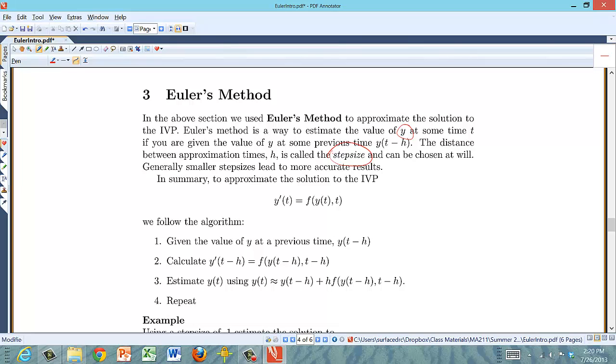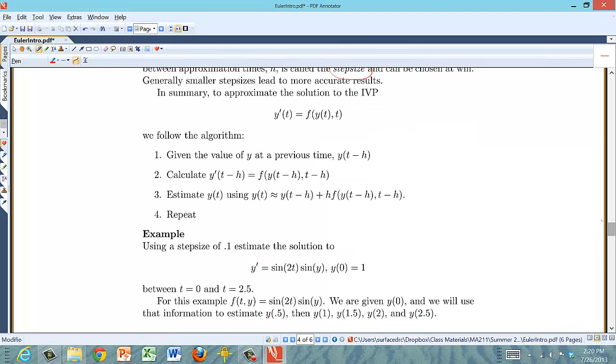Okay, so this is what we do. We'll be given the value of y at a previous time, t minus h. We can calculate the derivative of y at that time. So for instance, we were given y at 0. We can calculate y prime at 0 by plugging it into the right-hand side of the ODE.